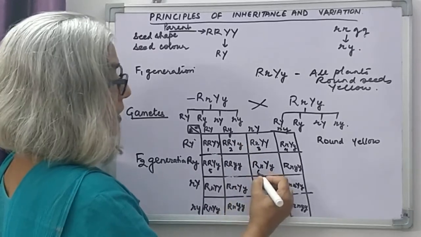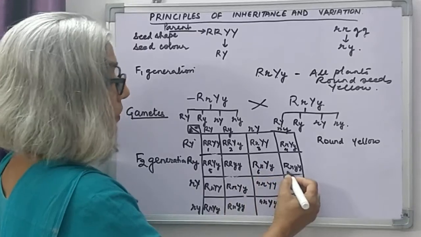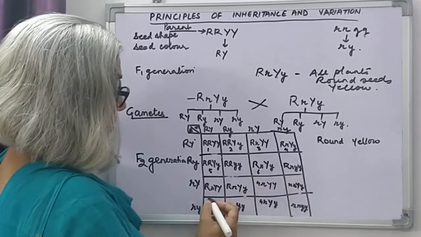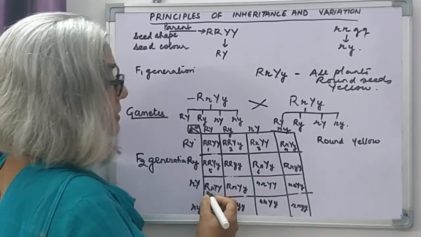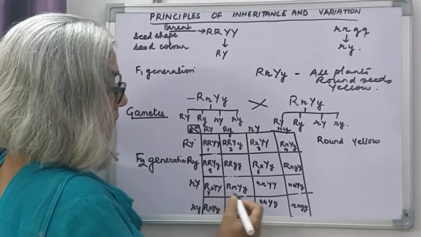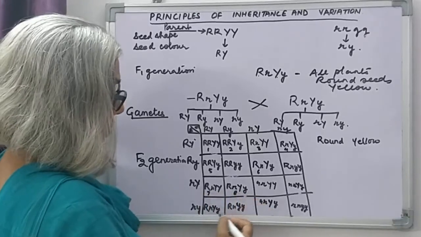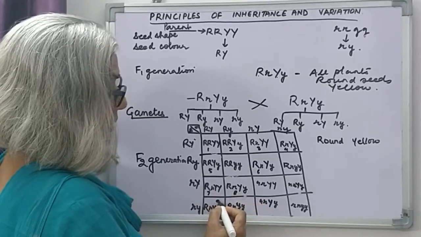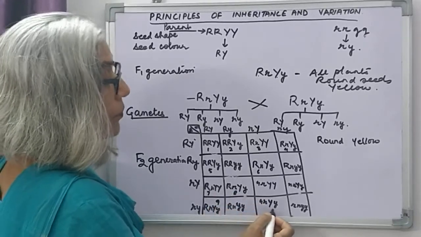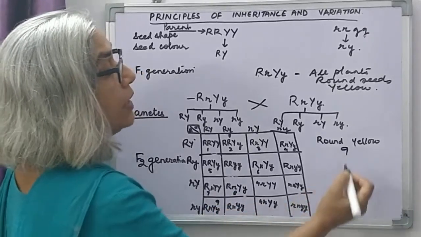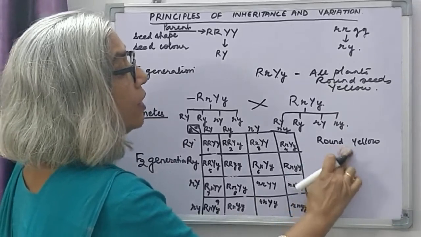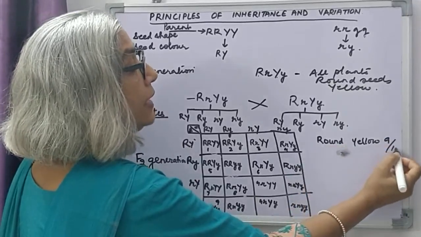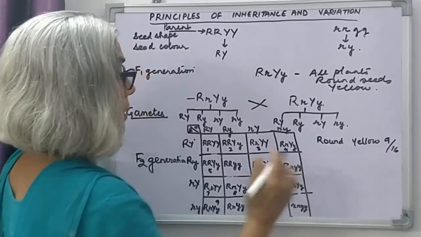This is 6 round and yellow. This is round and green. This is 7 round and yellow. This is 8 round and yellow. This is 9 round and yellow. So we get 9 plants out of 16, 9 plants are round and yellow.